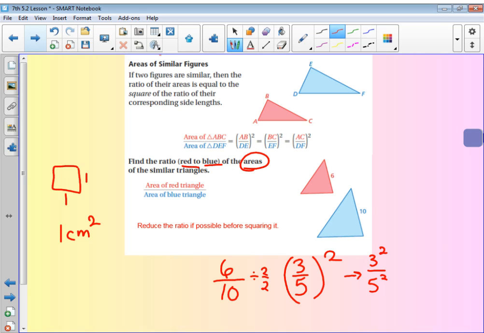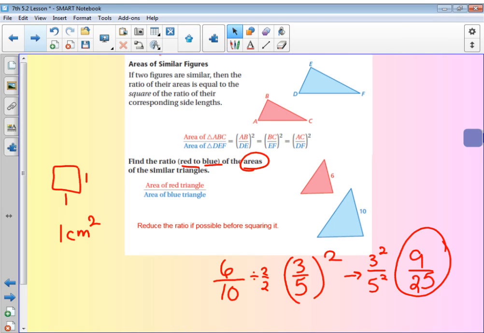So 3 squared would be 9. 5 squared would be 25. This is our final answer. So the area of red is 9/25 the area of the blue, is basically what we're saying. So we still follow those same steps, setting up our proportion in the order stated, reducing it down, and then in this situation, we have to square that.